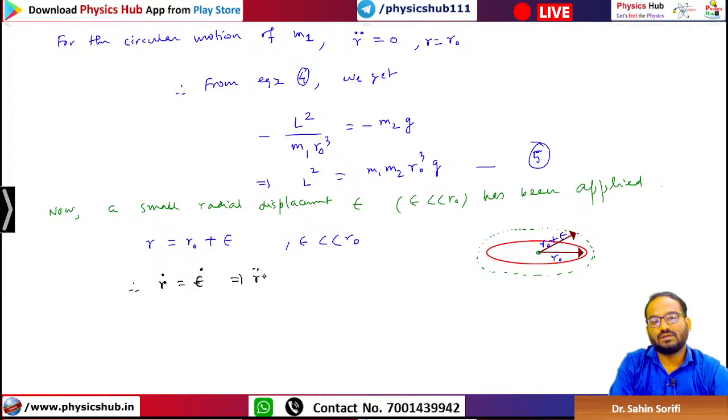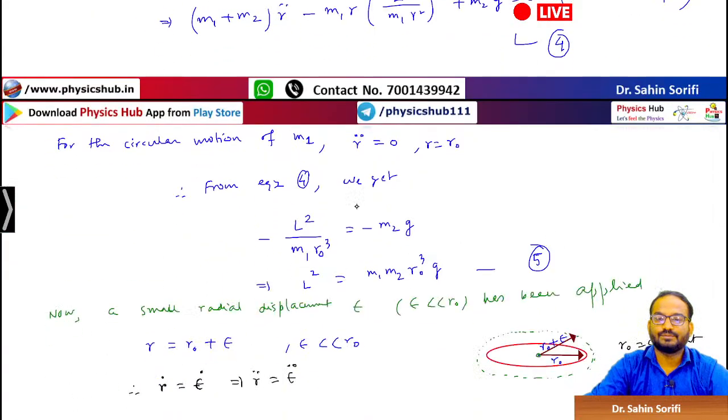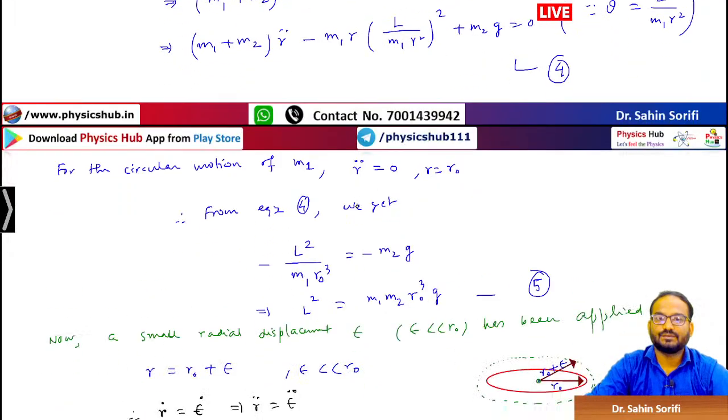So r double dot will be epsilon double dot. r naught is a constant, remember, but epsilon is not a constant. So if you put this into equation number 4, what will you get?